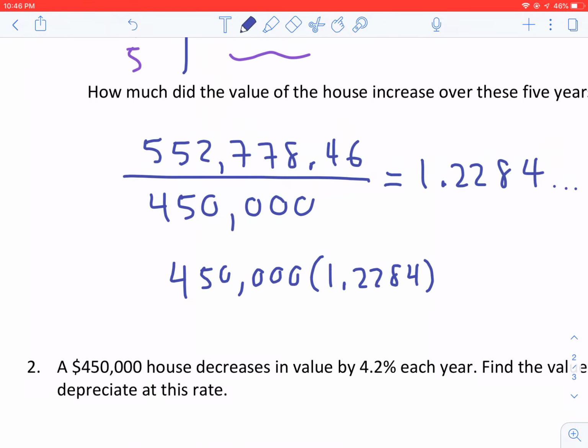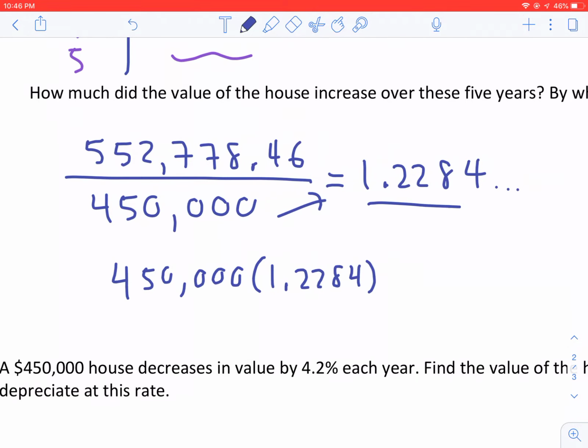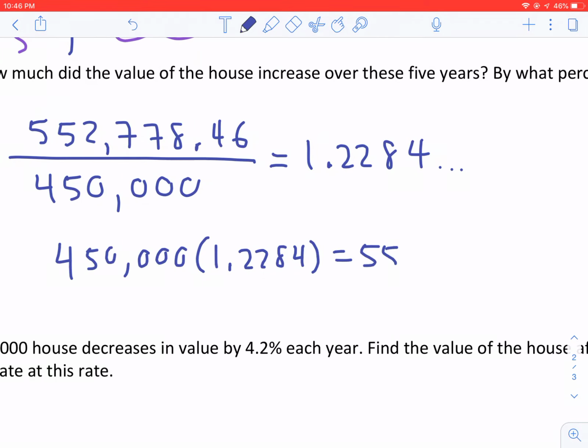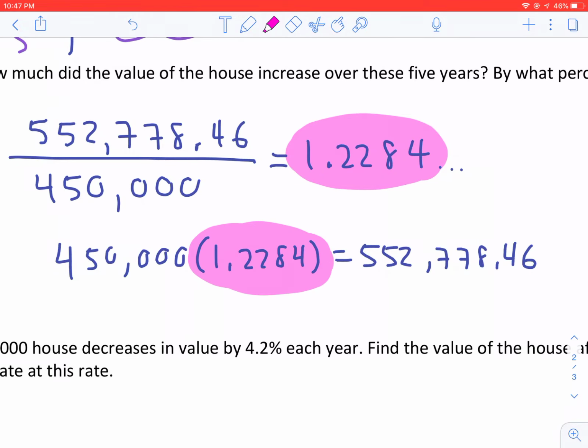If you cross multiply, that is equal to 552,778.46. So this number here, that's what we multiplied by to go from the original value of the house to the final value of the house after 5 years.